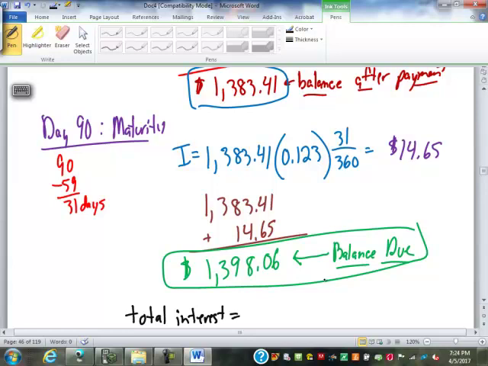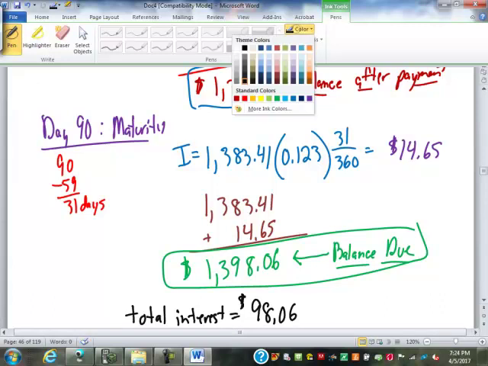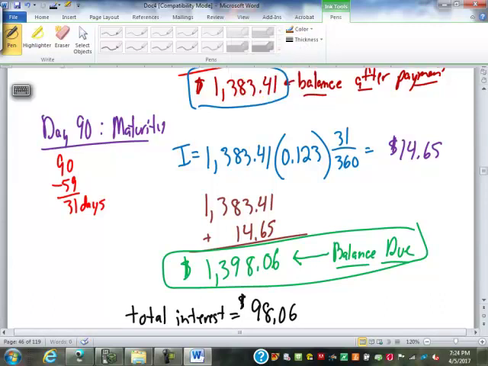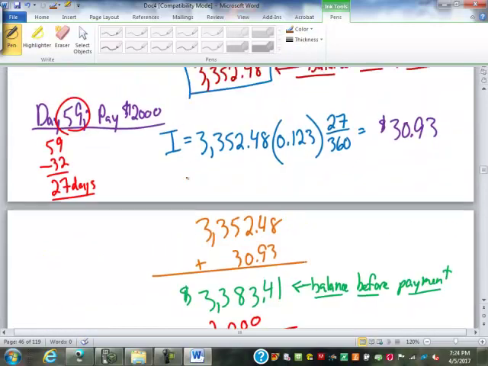Total interest, $98.06. How did I find that? Well, we go back up here.